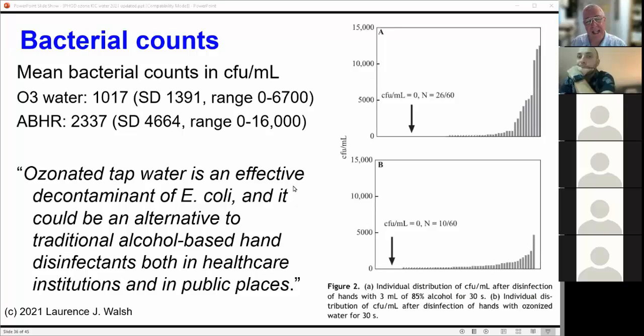So what you're seeing here is the individual 30 students. Some of them had very, very high levels of organisms. Many of them had extremely low levels of organism. This is the after ozone, and this is after disinfection of the hands with alcohol-based hand gel.